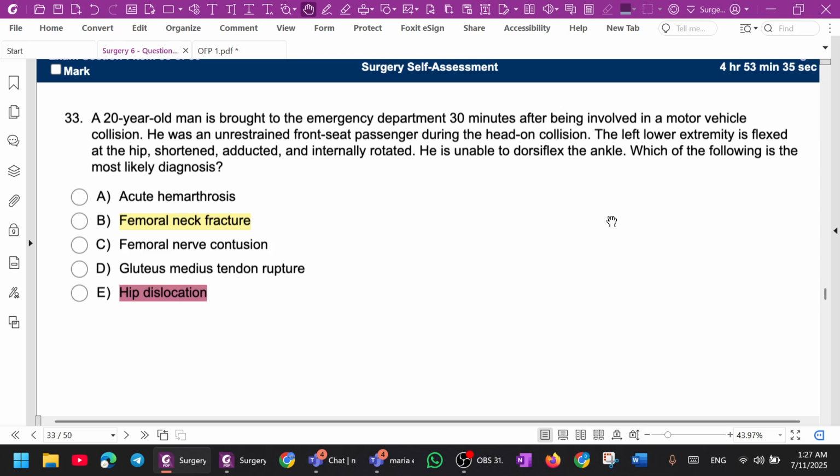Femoral neck fracture commonly presents as a shortened and externally rotated lower extremity, not internally rotated as in hip dislocation. Okay. So neck fracture is externally rotated and hip dislocation is internally rotated.